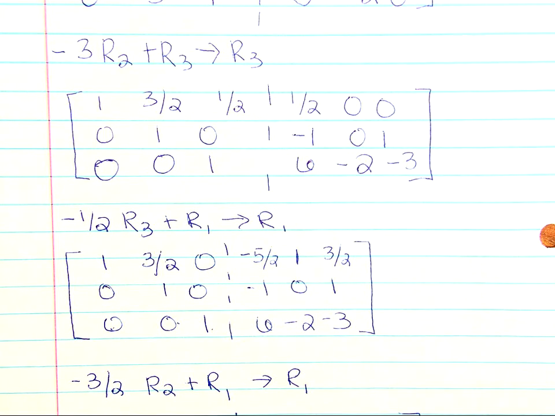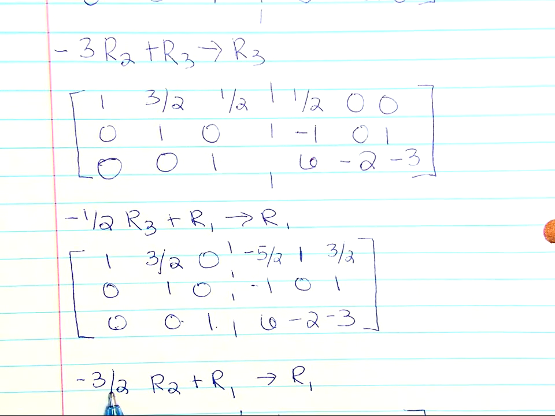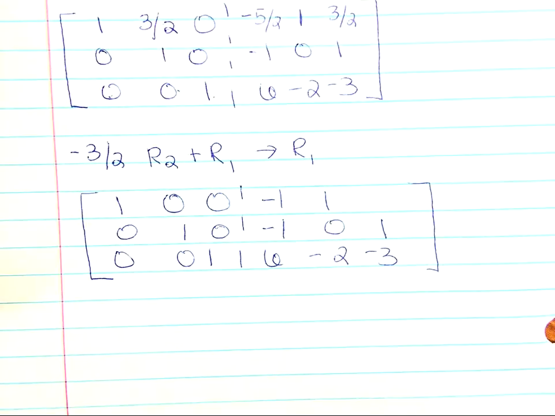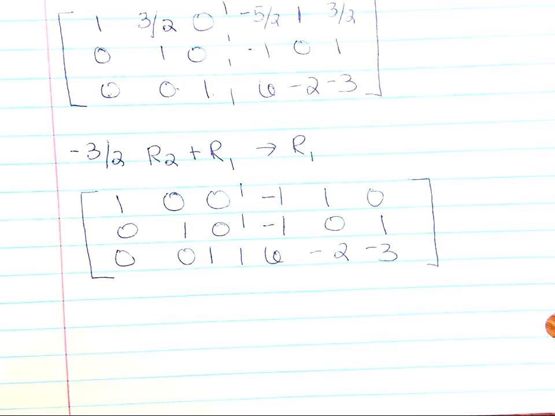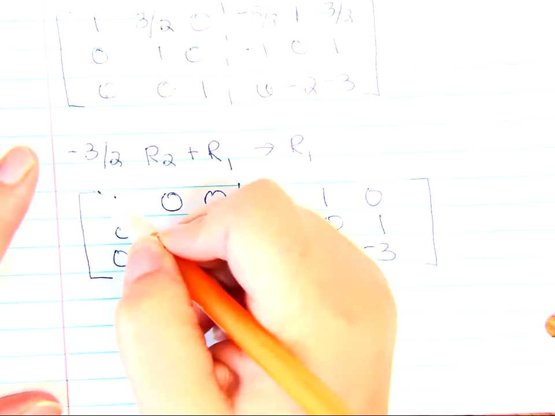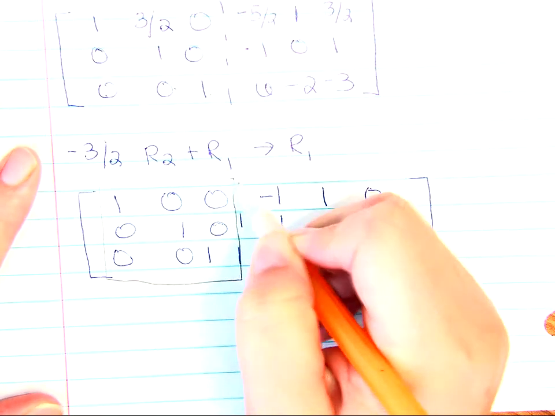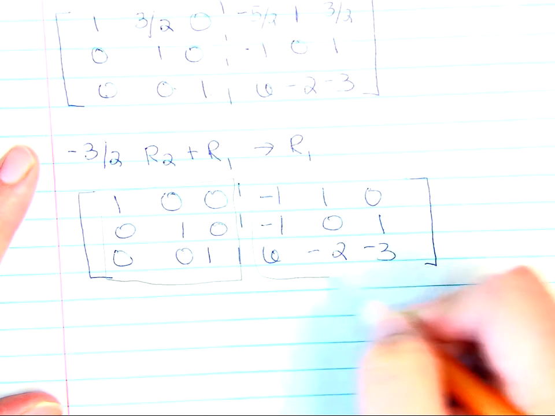Okay. 1 times negative 3/2 is negative 3/2 plus 3/2 is 0. I just went through that whole thing without leaving that up there. I am so sorry. Okay, so I now have the identity matrix on this side, and here is my inverse matrix.